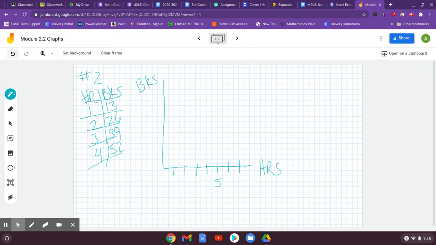So 1, 2, 3, 4, 5. And then I know I'm counting by 30s. I want to get to 50. So I'm actually just going to go by 5s. 5, 10, 15, 20, 25. Ooh, I'm not going to really have room, am I?